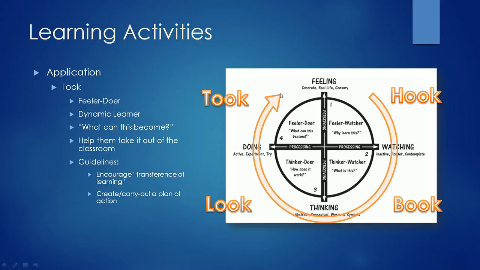What can it become? Well, let's go make it happen in my life. Now, a couple things. That project or plan has to be realistic, meaning something they can accomplish, not something that will take them 10 years, but something they could do now, something that's realistic for the next week or the next month or the next year.